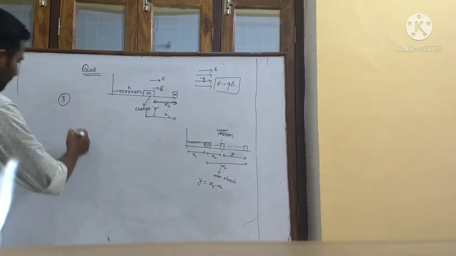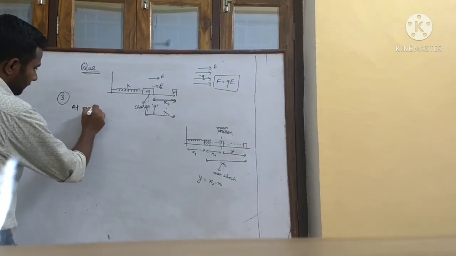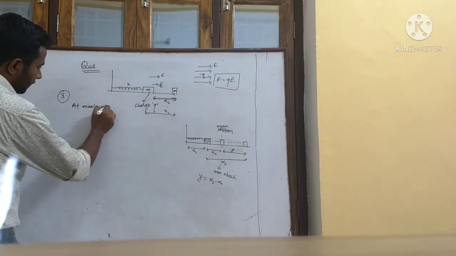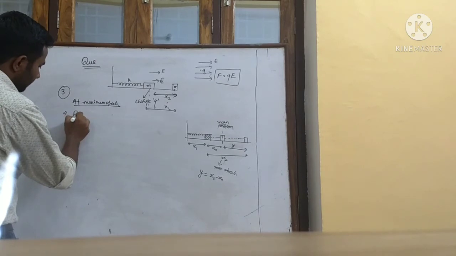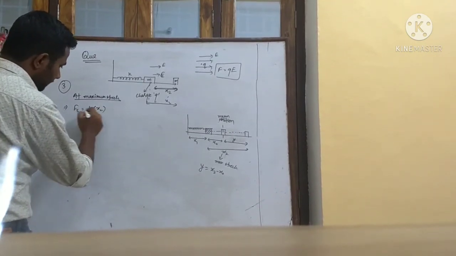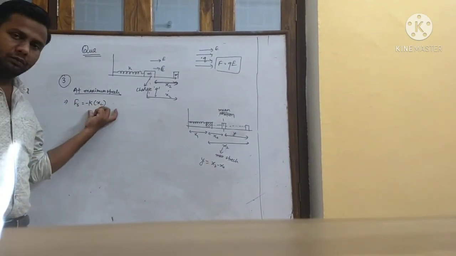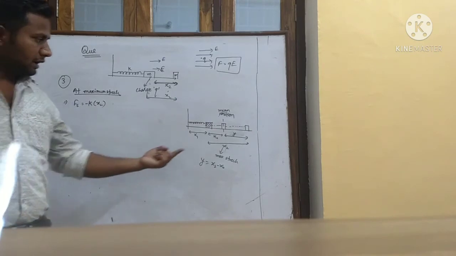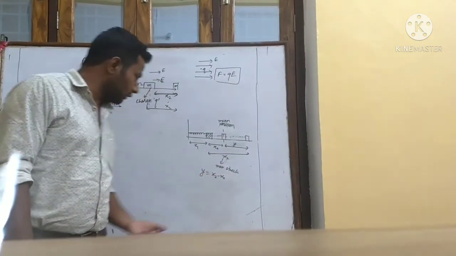Okay. So what I am going to do at maximum stretch, Fs is equal to kx2. Yes or no? Or you can write minus kx2. This will be the restoring force at this position I am talking about, because x2 is the total stretch. Okay.